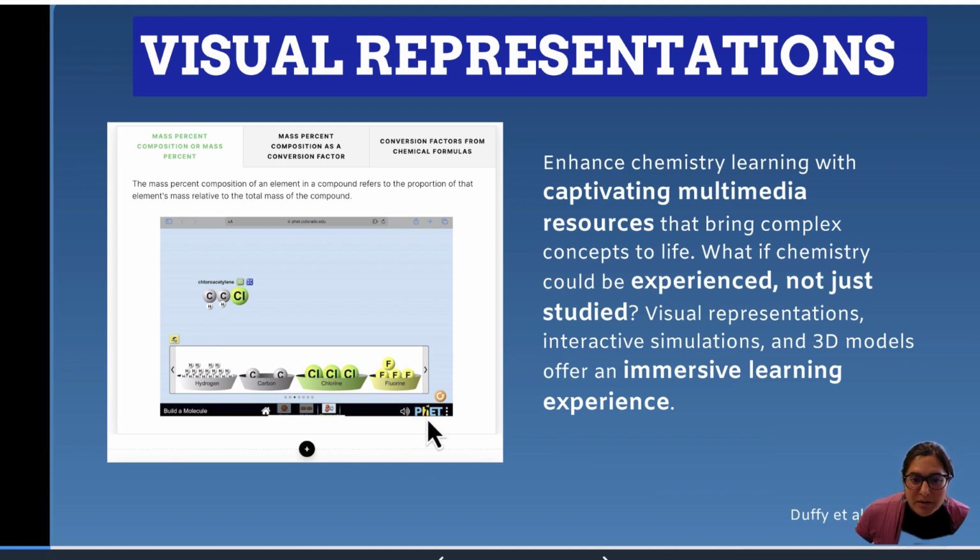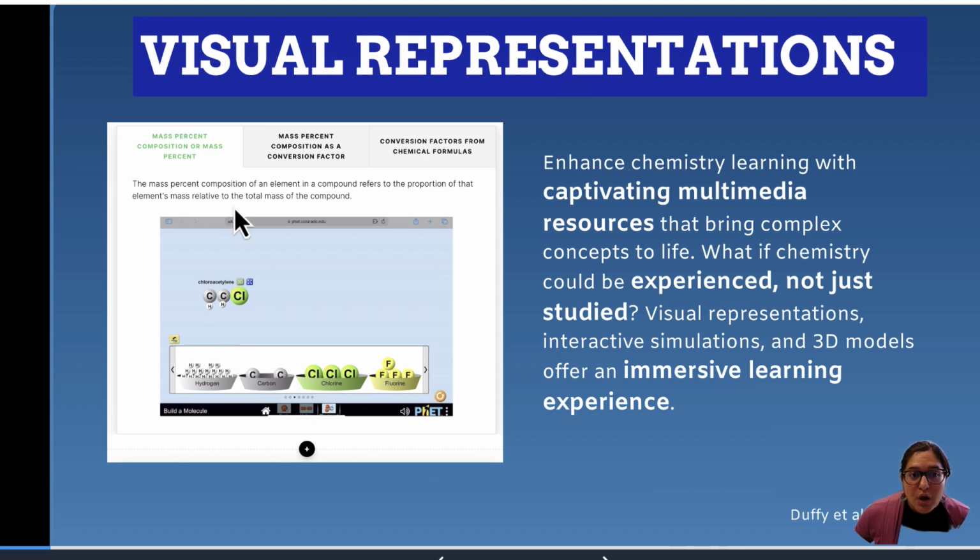A while ago, I came across the PhET, which is these animations created by the University of Colorado, and they allow you to have this interactive media tool to help visualize different concepts. It is a free resource, and it can be used and shared as a link, or it can be used and shared as embedded content.